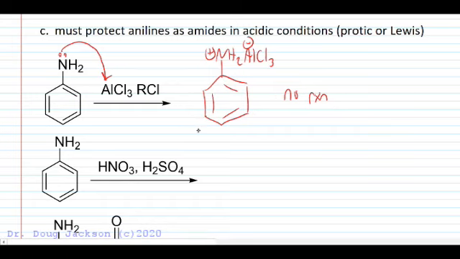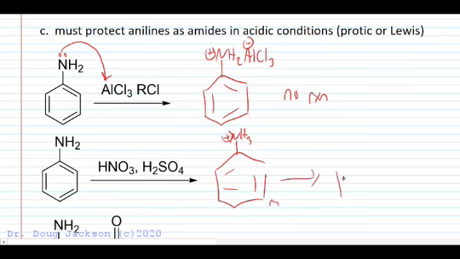Here you've deactivated it. You could proceed to do something else, but if you're going to do that, you might as well do the following, where you protonate it. Now you've deactivated the ring, and so it's a meta director at this point.